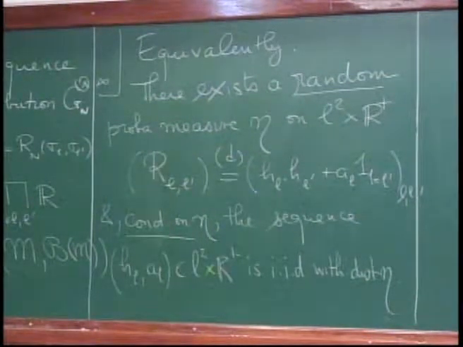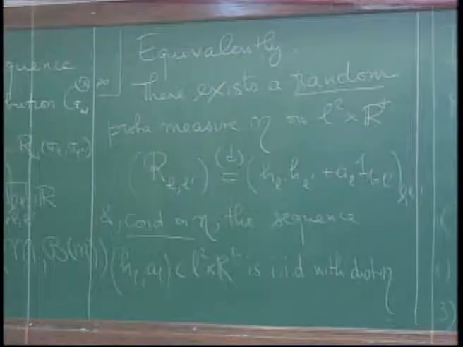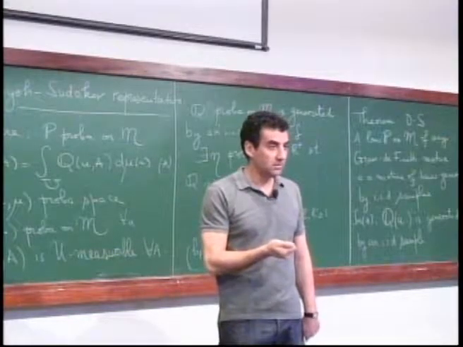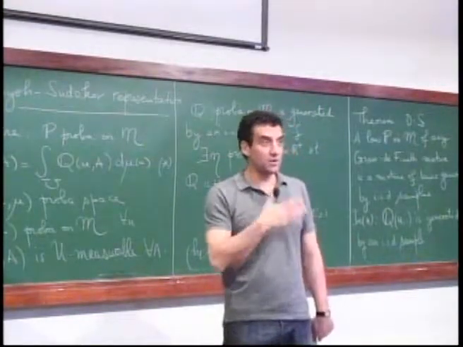So again, let me say that in even fewer words. This says there exists a random measure on the unit ball, in our case, where everything was bounded. There exists a random measure on the unit ball for our ROST, our random overlap structure.